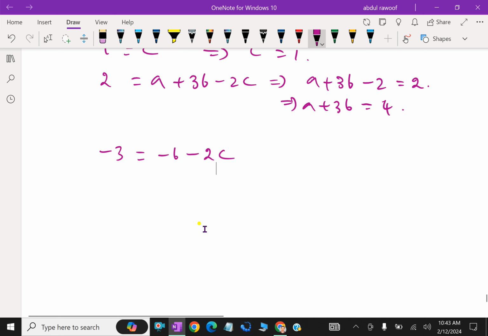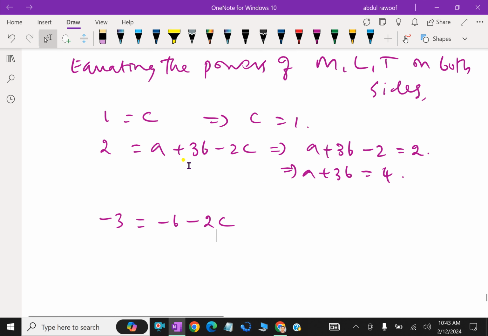Now we got three equations and three unknowns.